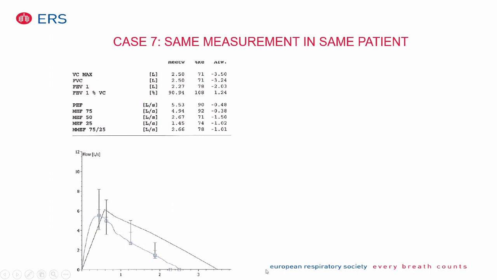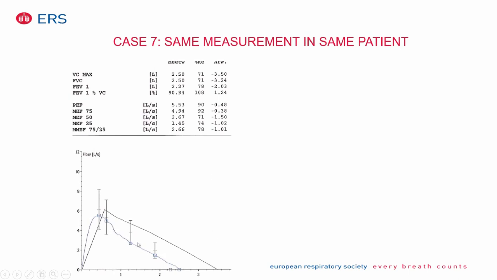You've heard about the girl with neuromuscular disease. And actually, this is a similar case, same measurement in the same patient using two different heights as reference.